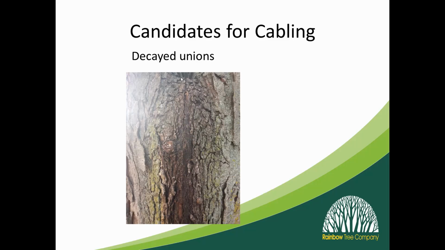I actually do sometimes get little weeds that grow out of this little section up here. You can see it's already starting to crack a little bit and push against each other. So those would be trees that, if you do see decay or that kind of wet area in there, you can assume there's probably decay in there, and that would be a candidate for cabling to support that and maybe extend the life of that tree.